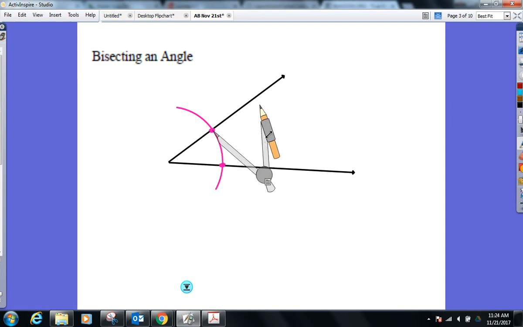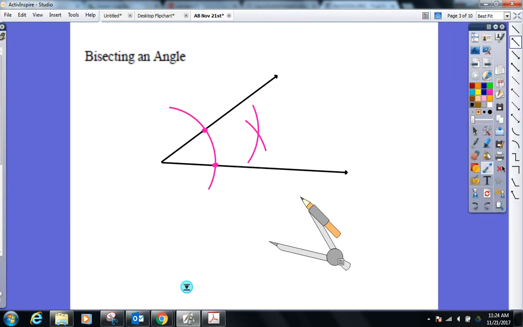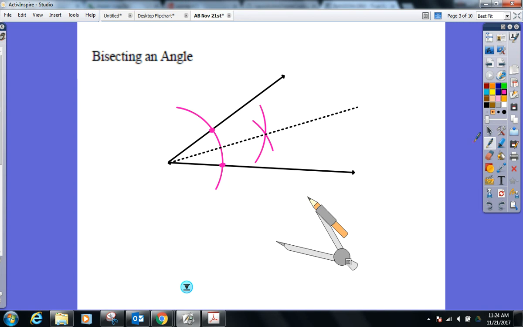I'm going to draw 2 arcs that are out in front of the first one. And hopefully I can get those 2 arcs to intersect. And make sure you put the proper markings that say, hey, this is an angle bisector.